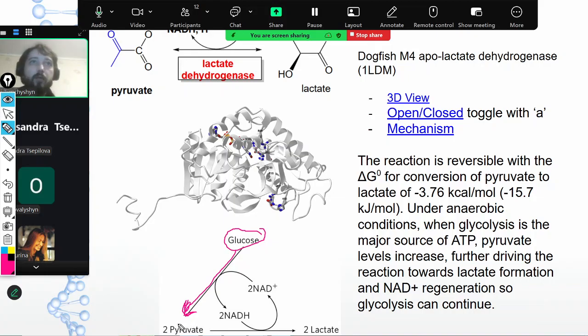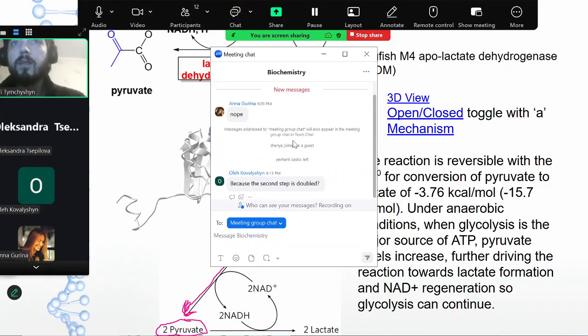Why 2 pyruvate molecules, who will tell me? It was just yesterday, guys. How many carbon atoms are in glucose?